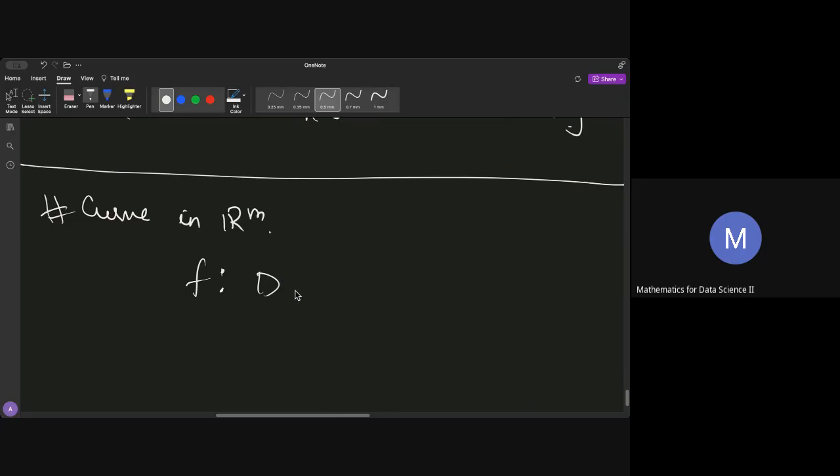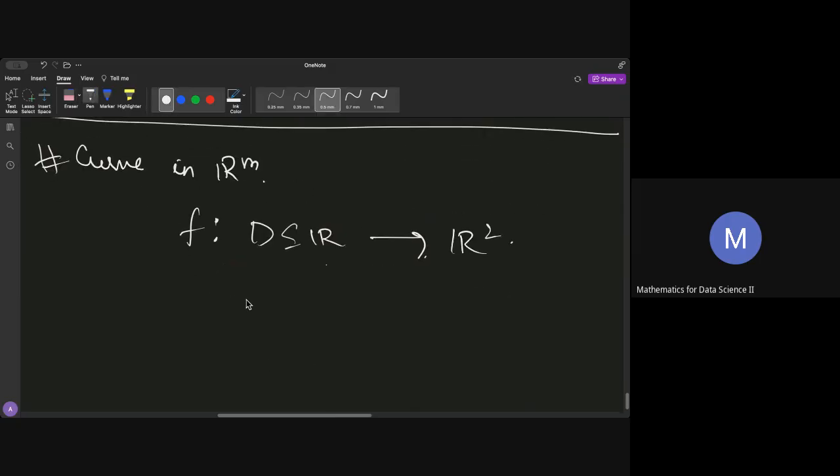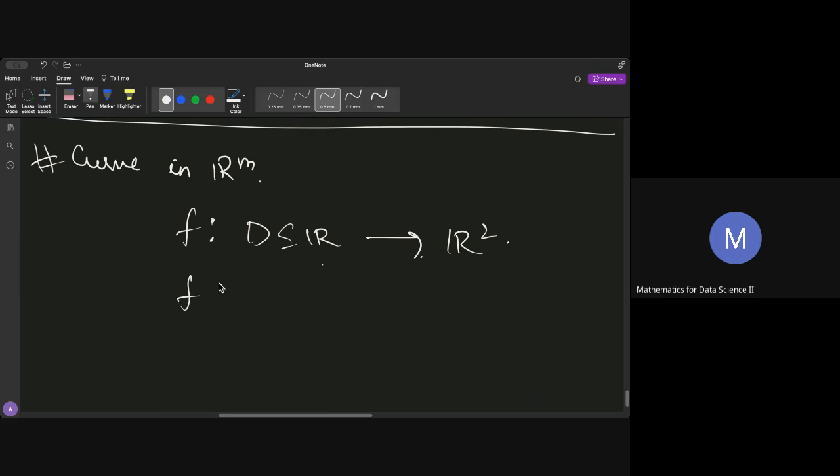Let's have a function which has domain in R, and your range is, let's say, in Rm, where m could be anything. Let's take in particular R2. For example, let's take f(x) equals (x, sin x).